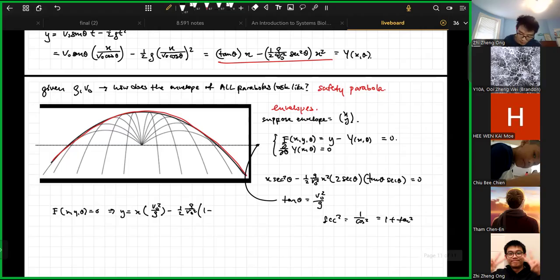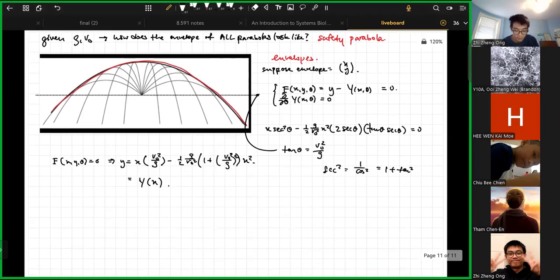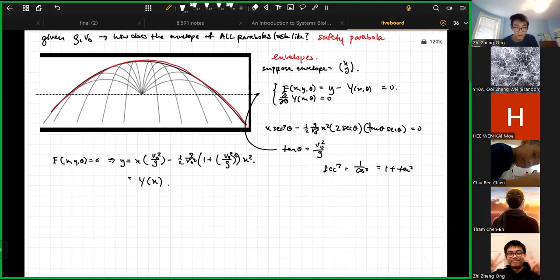Yes. And then you do the math, you get something else. But just notice that it doesn't really matter how you simplify it. This equation that you get is the safety parabola.